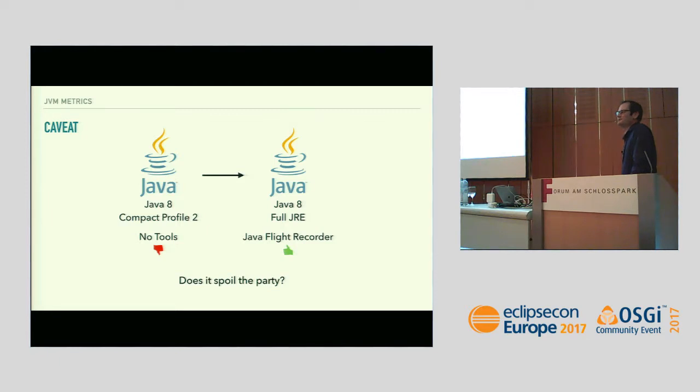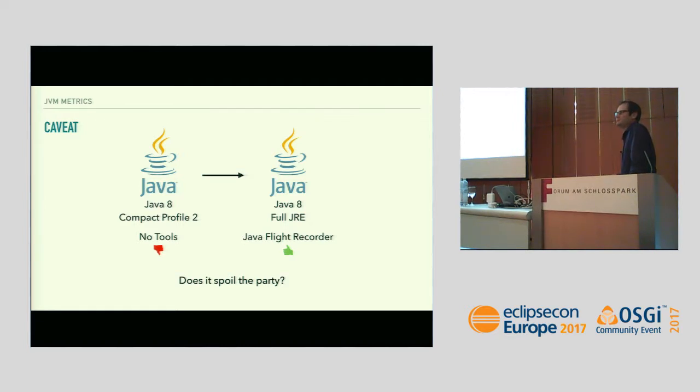So while it would have been easy to use it on a Mac, it was completely useless at first on the gateways. So what we then tried is to prepare as many gateways as we could get our hands on with a full JRE.